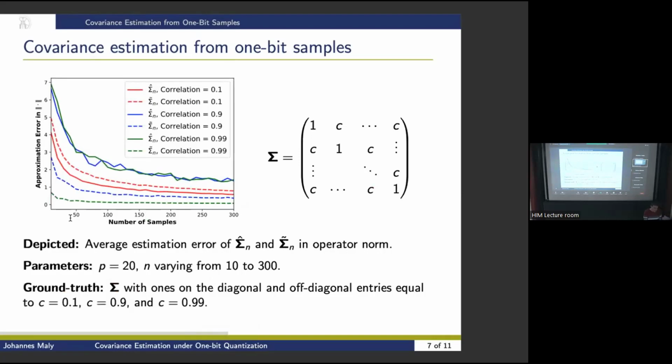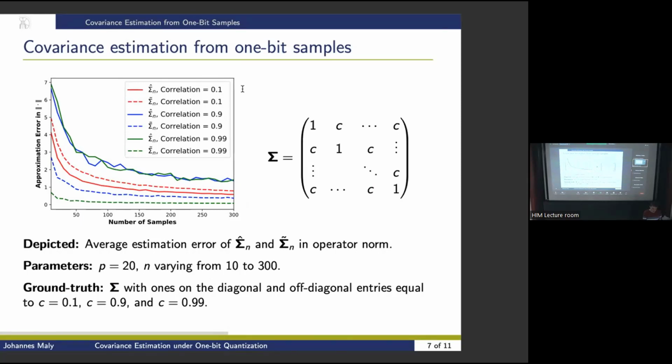Here I vary the number of samples and I plot the approximation error in the operator norm. Here you see the ground truth, which has ones on the diagonal as we assume, and everywhere else a constant c. The different plots are now different realizations of this c.